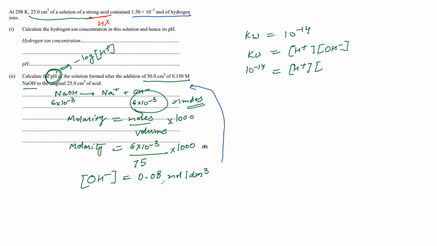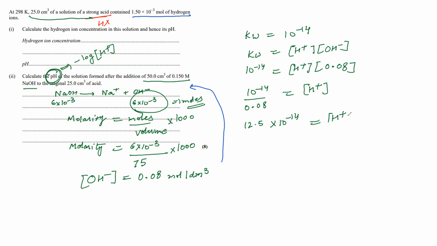So 10^-14 is equal to the H+ concentration times the OH- concentration, which is 0.08. So 10^-14 divided by 0.08 equals the H+ concentration.